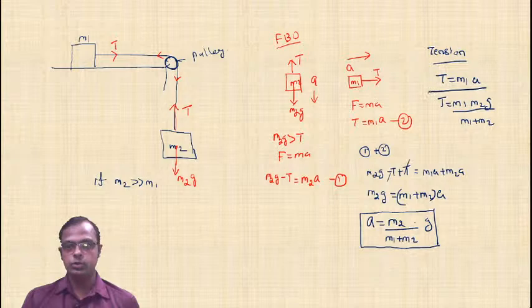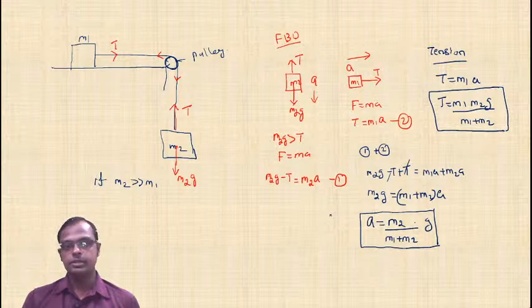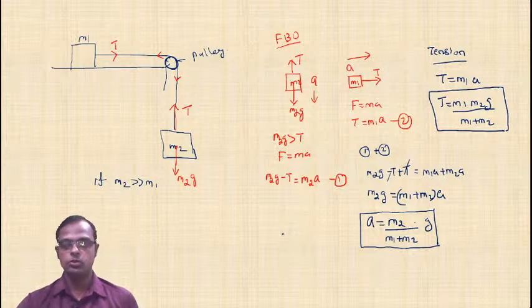So this is the way to calculate the tension and acceleration of the two connected bodies, where one is sliding on the surface and the other one is falling down with an acceleration. Is it okay with you, everyone?